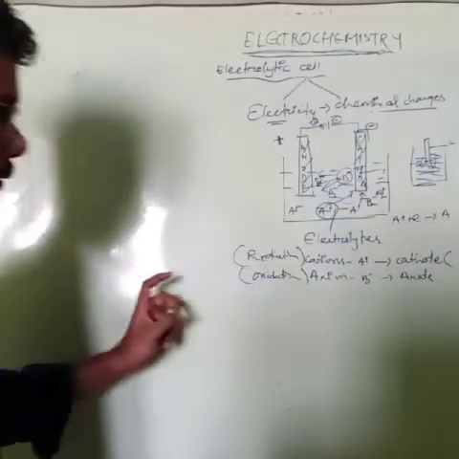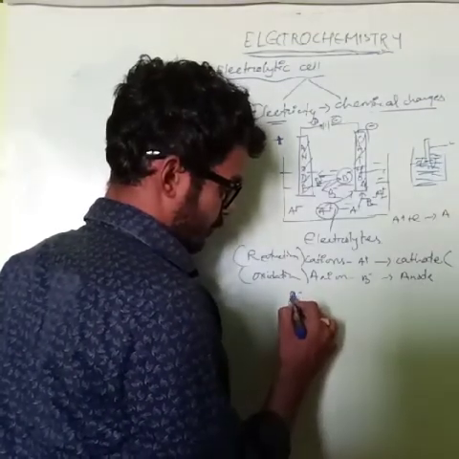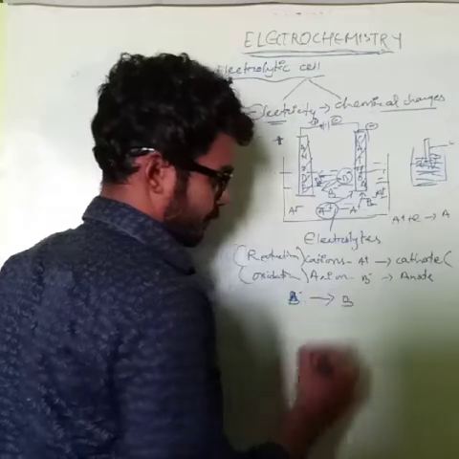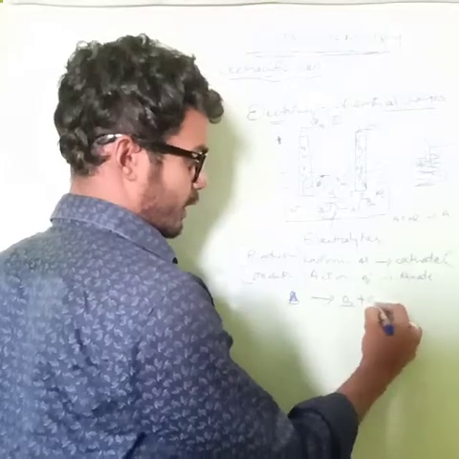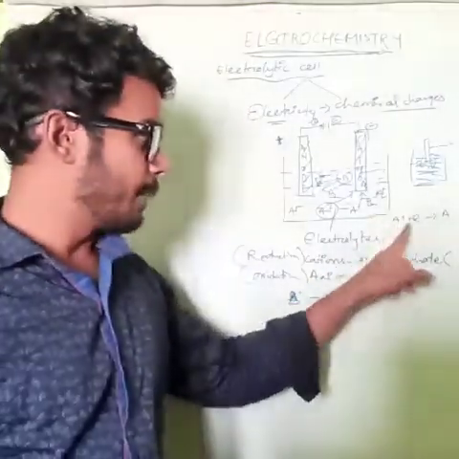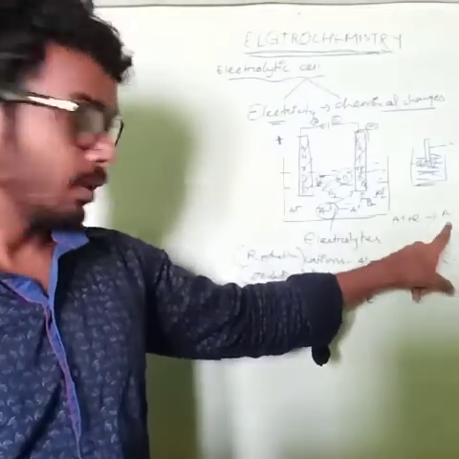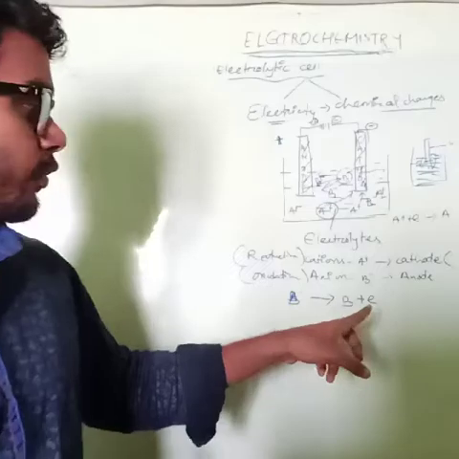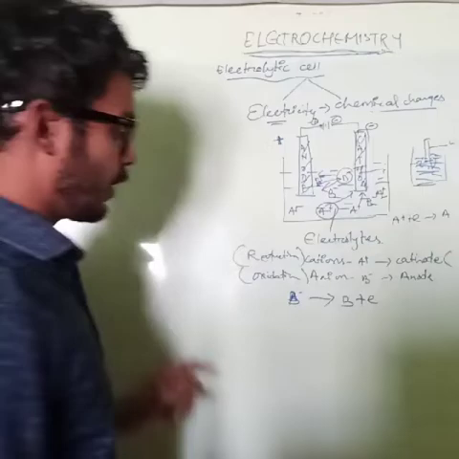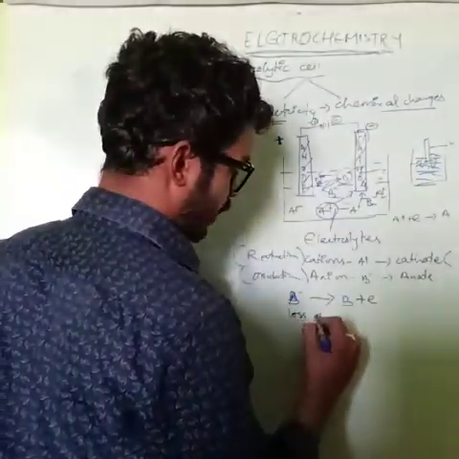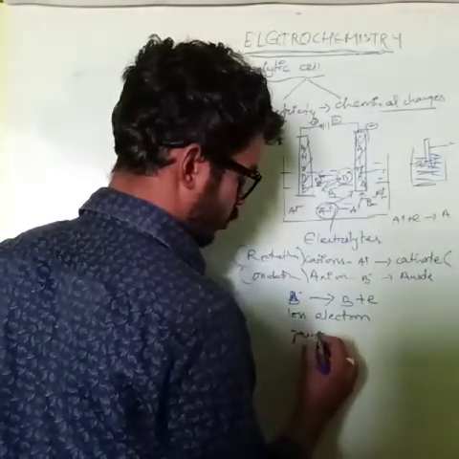The reaction at the anode is B minus gives B plus an electron. So removal or loss of electron happens at the anode, and gaining of electron at the cathode.